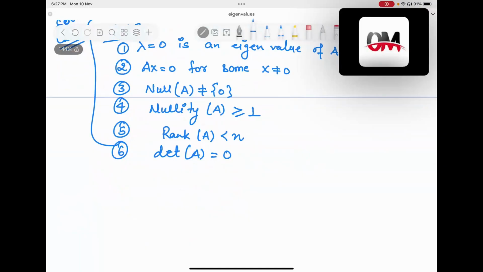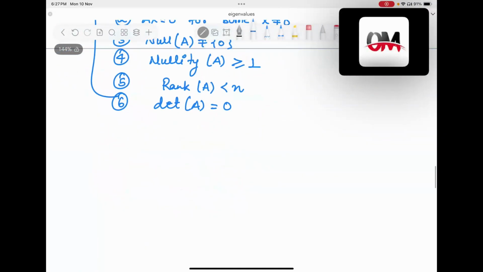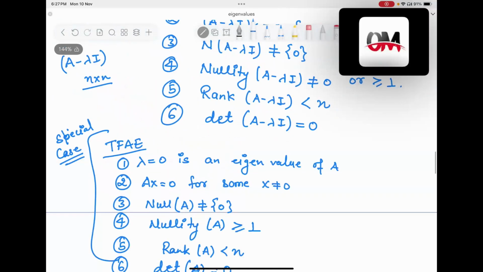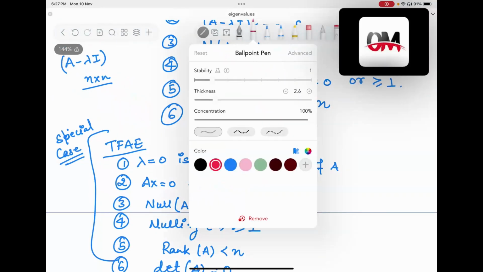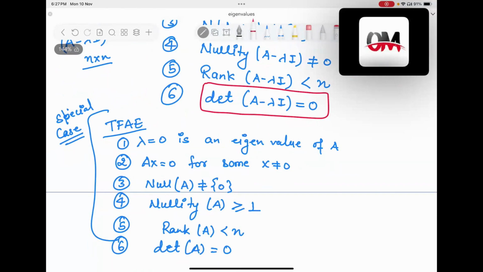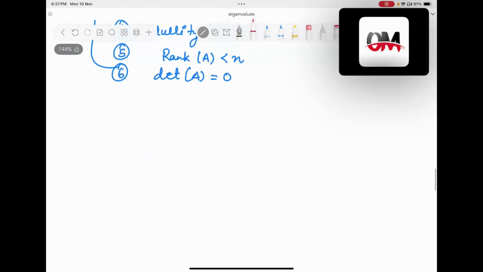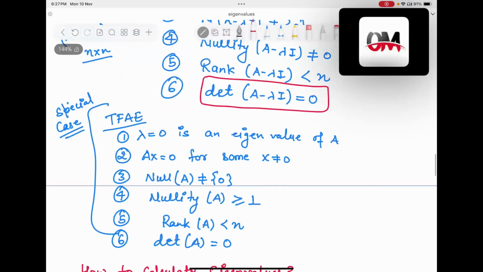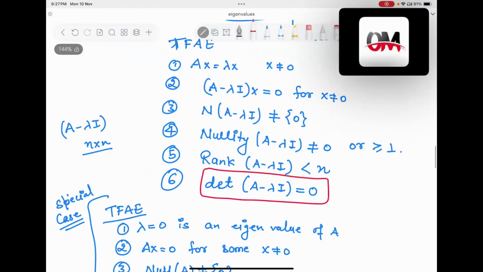Now from this, this statement is very important and very useful. Now, how to calculate eigenvalues? If lambda is an eigenvalue, then determinant of A minus lambda I has to be 0.